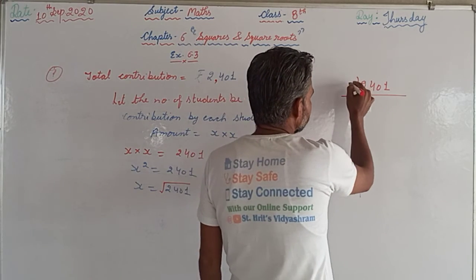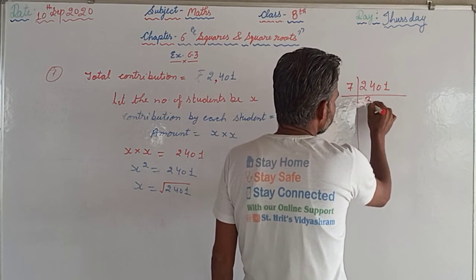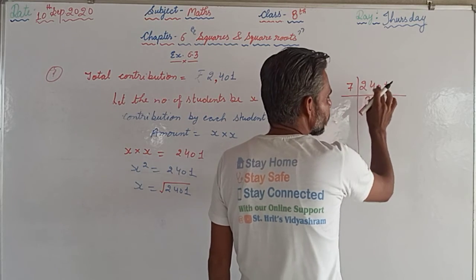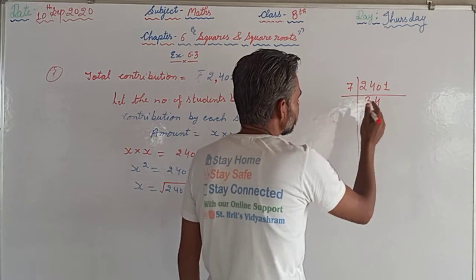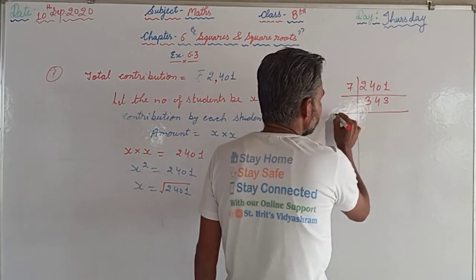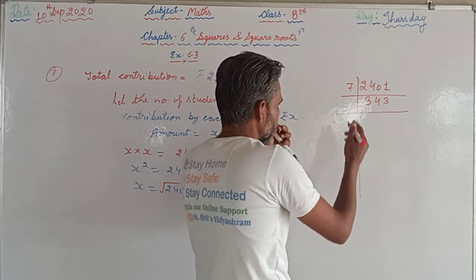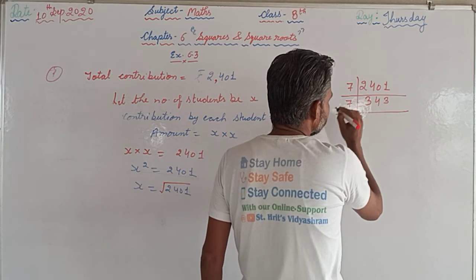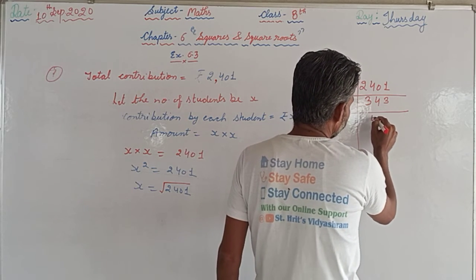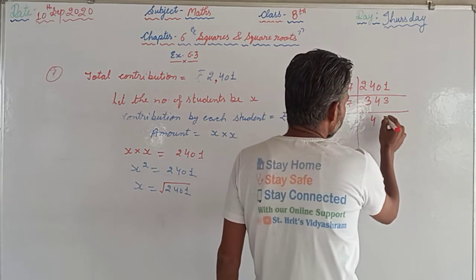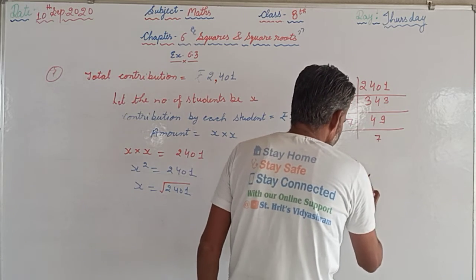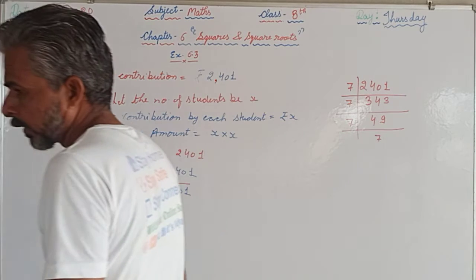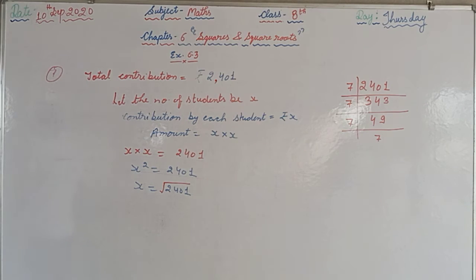We can start with 7. 7 3s are 21, 3 is remaining, 30, 7 4s are 28, 2 is remaining, 7 3s are 21. Afterwards it can again be divided by 7, 7 4s are 28 and 7 9s are 63. Now again 7 7s, so the prime factorization is like this.